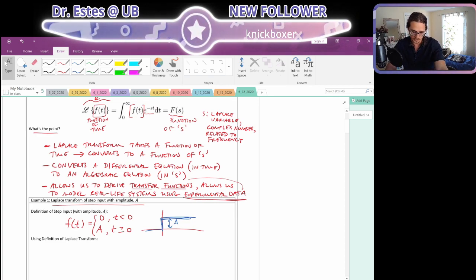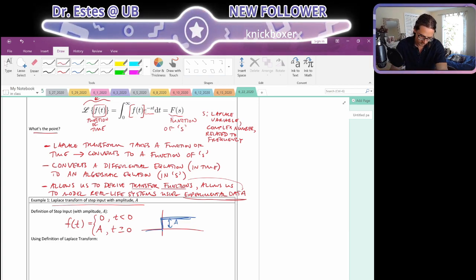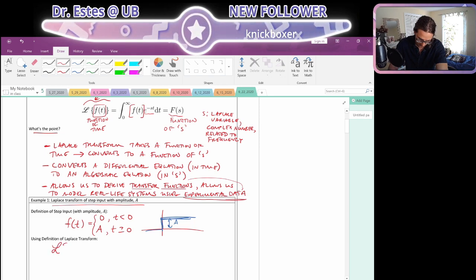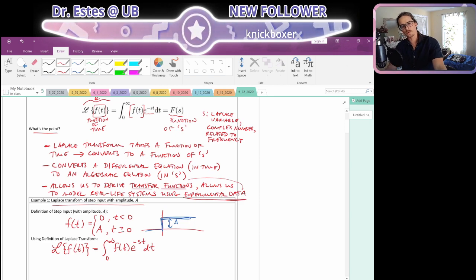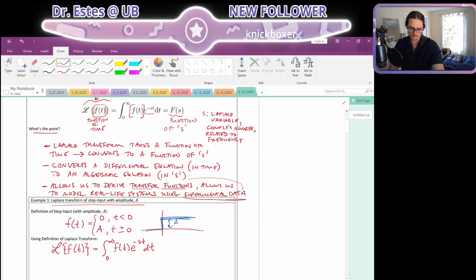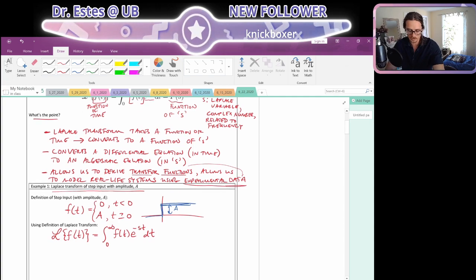So I'm going to use this definition up above. So the Laplace transform of f of t is going to be the integral from 0 to infinity of f of t e to the minus st dt. So we're integrating this from 0 to infinity. Well, I know a step function, after time 0, is just a constant A, right?